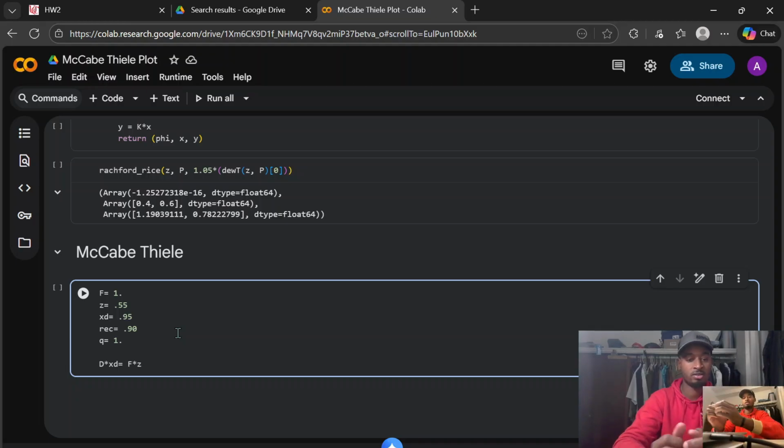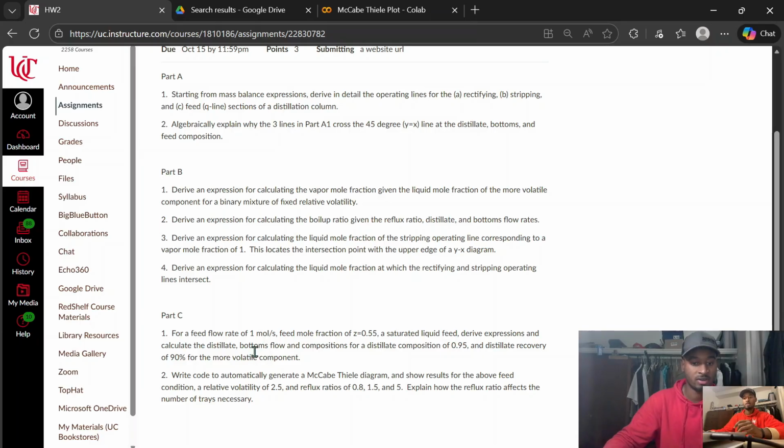So we can include that into our calculation for that distillate flow rate by saying that the mole balance of the distillate going out is equal to the mole balance of the feed coming in times the recovery. So doing that, we can then divide by XD to get our distillate flow rate. So now we found the distillate flow rate.